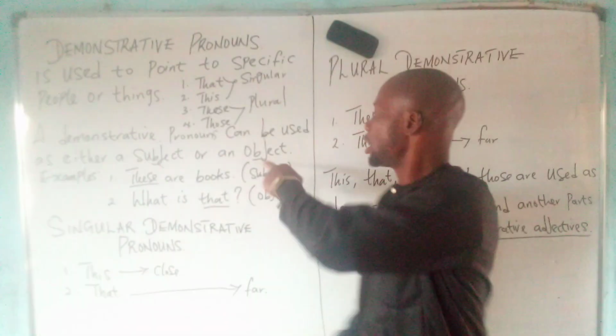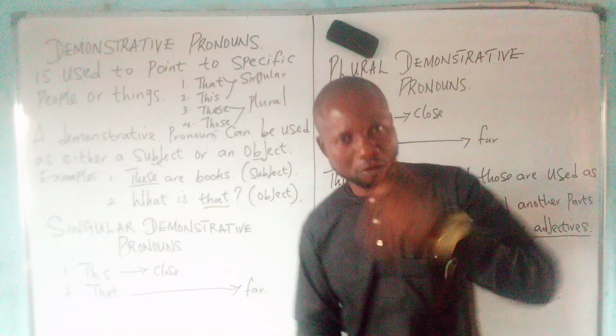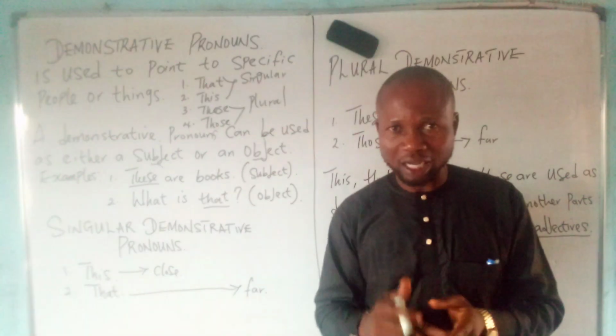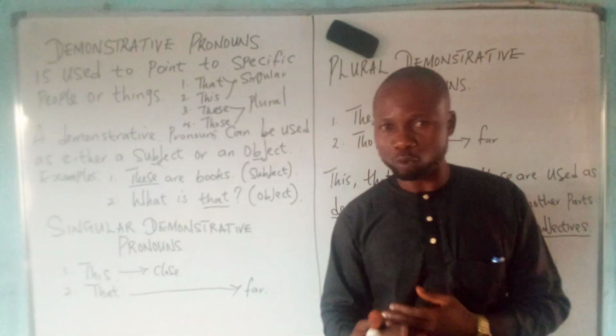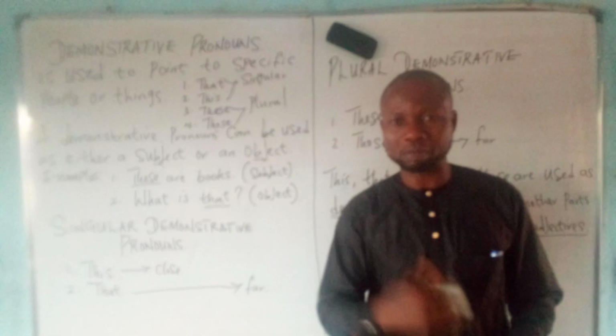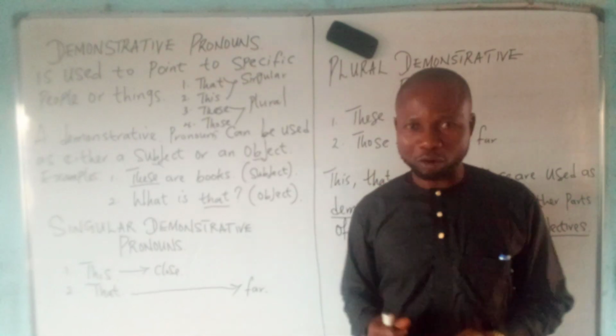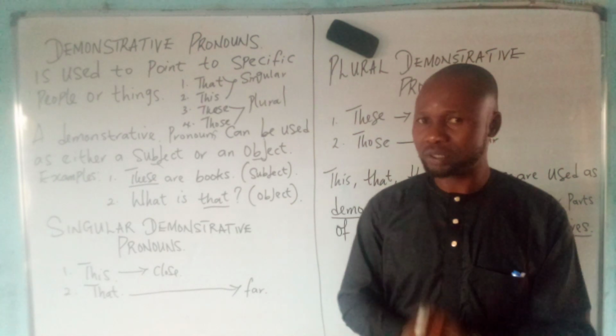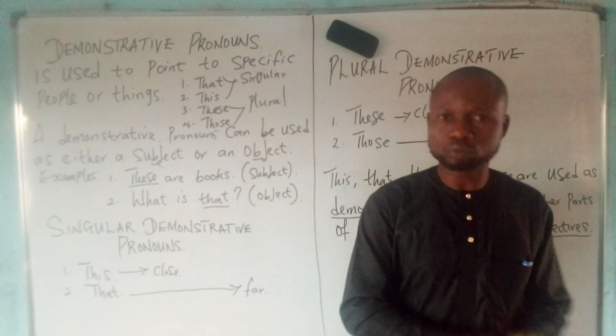Object. While object is the receiver of an action. Let me explain again. Subject is the doer. Object is the receiver of an action performed by what? Subject. Object receives what comes from subject.